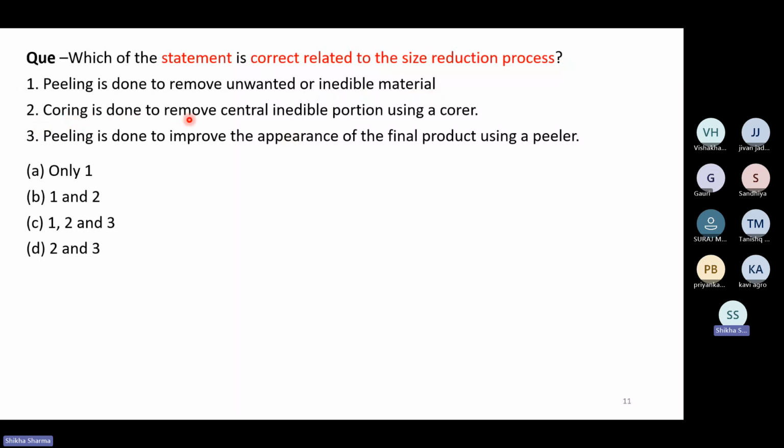Second is coring is done to remove central inedible portion using a corer. Third is saying that peeling is done to improve the appearance of the final product using a peeler. So we need to tell which statement is correct here.